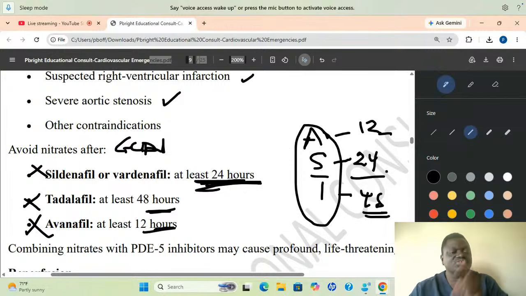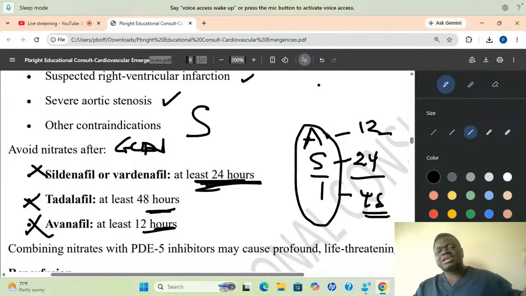So you ask the patient. The patient says, yes, I have erectile dysfunction, the urologist is giving me medications. Which medication do you take? Sildenafil. What is the first letter of sildenafil? S. Then I go back to my acronym, AST.